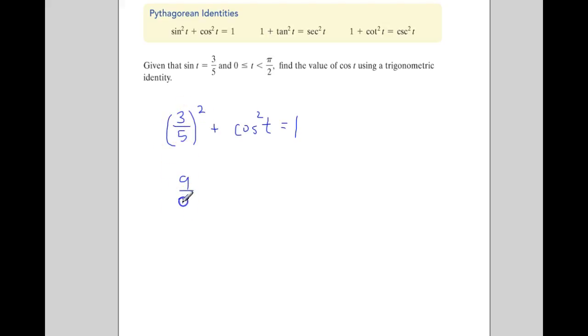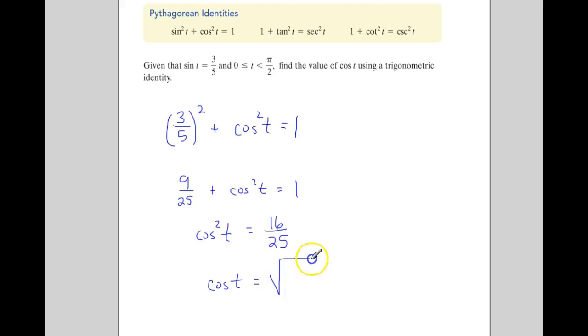Square 5, I get 25. Plus cosine squared t equals 1, and now I can solve for cosine. I can subtract 9/25 from both sides. All right, 1 minus 9/25, that's 25/25 minus 9/25, that's 16/25, and you can just do that on your calculator too, equals cosine squared. Now I'm going to take the square root of both sides to get cosine by itself.